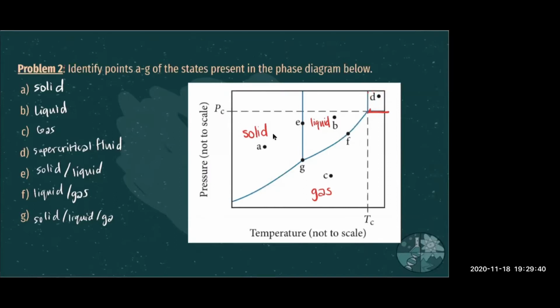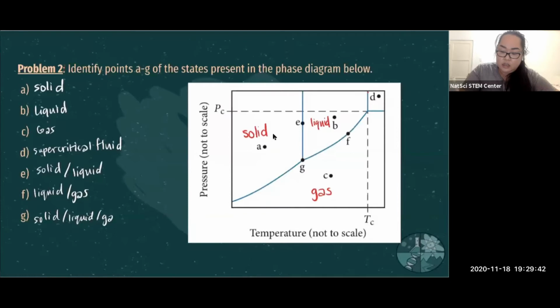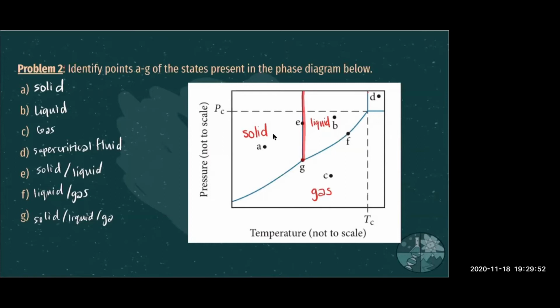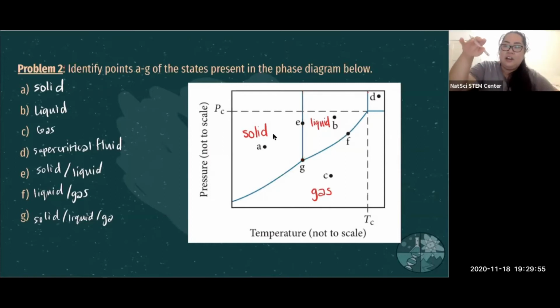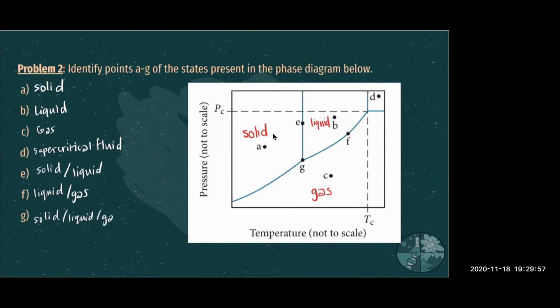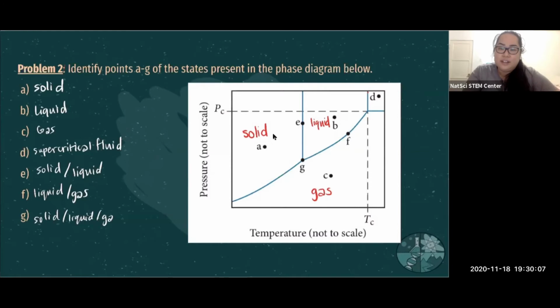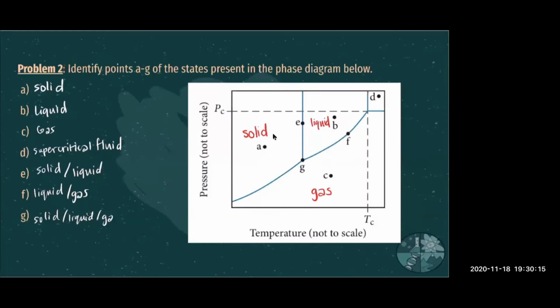On this line, it's between a solid and a liquid, like when ice is partially still solid and partially liquid. Why don't we answer with something in between, like solid dash liquid? Yes, we answer it like that because it's in a state in between, so it's both solid and liquid at the same time.